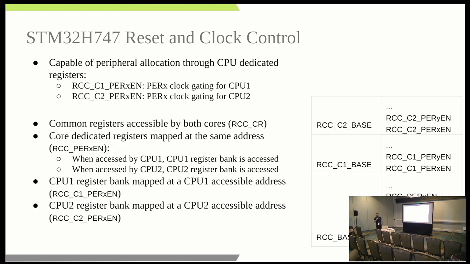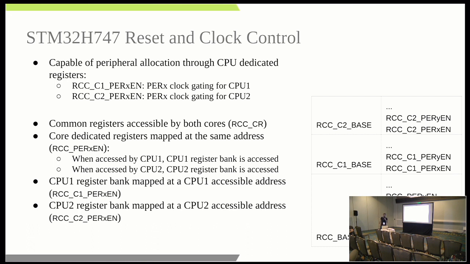So the first important IP for dealing with the two cores is the reset and clock control IP. Sorry to dive directly into the details, but it's capable of peripheral allocation through dedicated CPU registers. This will do the peripheral clock gatings.